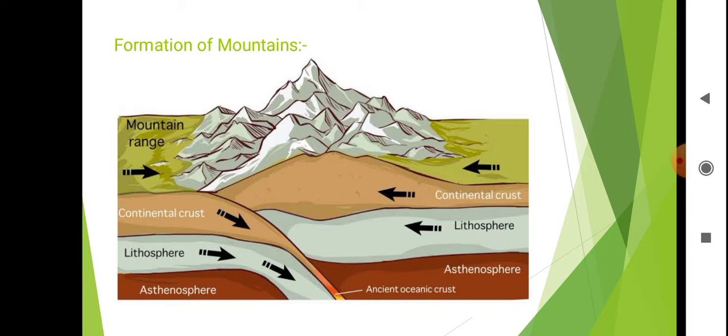Understood? Many mountains were formed as a result of earth's tectonic plates smashing together. The earth's crust is made of multiple tectonic plates that still move today as a result of geologic activity below the surface.